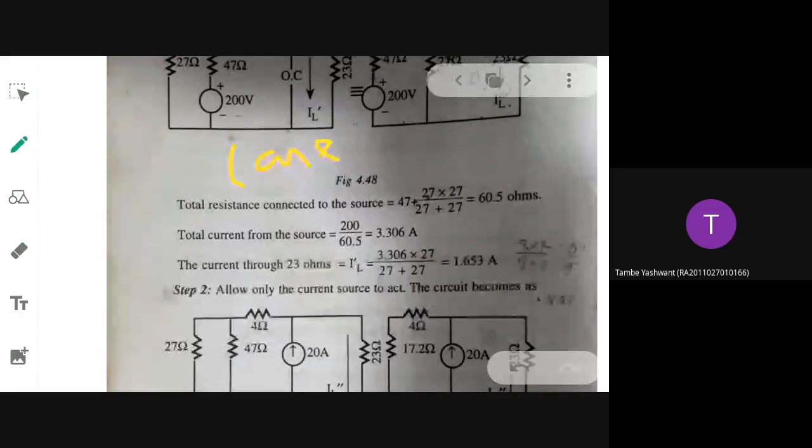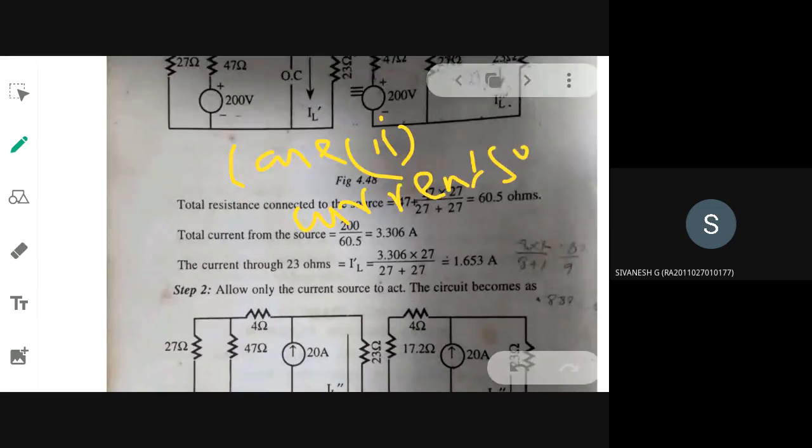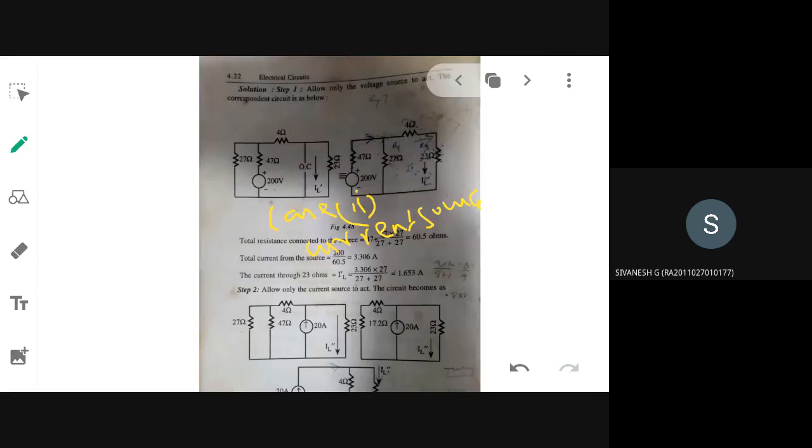So this is case number 1, where you have considered what? Voltage source alone. Now case number 2, where you need to consider the current source and you have to neglect the voltage source. So for the current source, we will move back to the previous circuit. That way it will be easy for explanation.